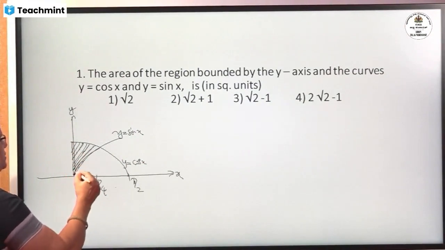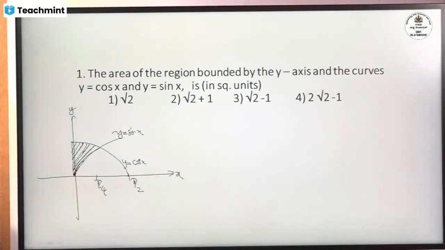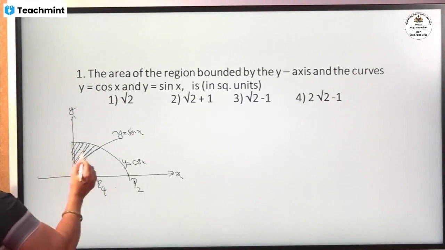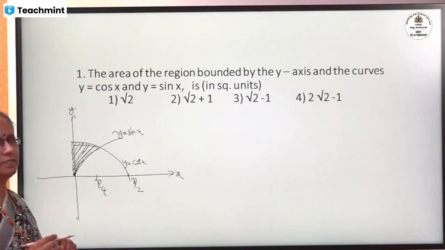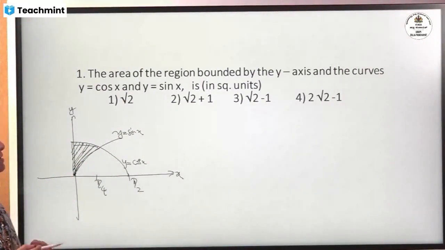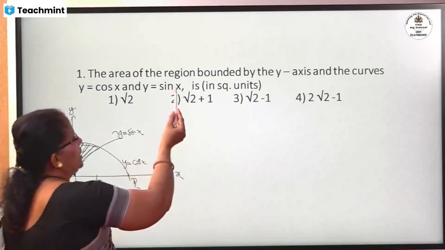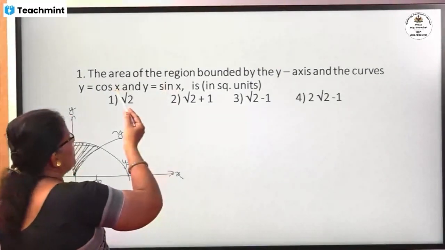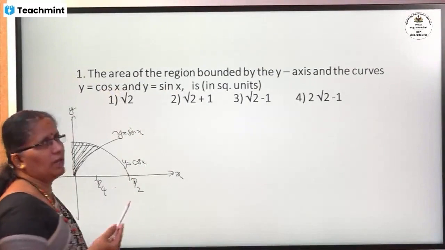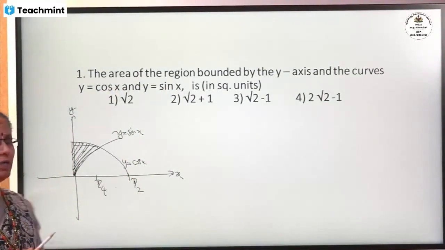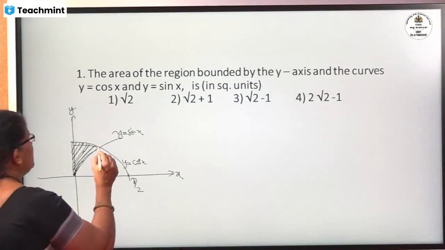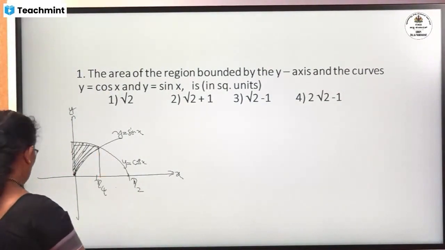The area is here, this much. Okay, so this is the area. If area is bounded by y-axis, what is the formula? Integral x dy, right? Now if I have to use integral x dy, then I have to change x as sin inverse y, here cos inverse y, and I have to integrate sin inverse y and cos inverse y.